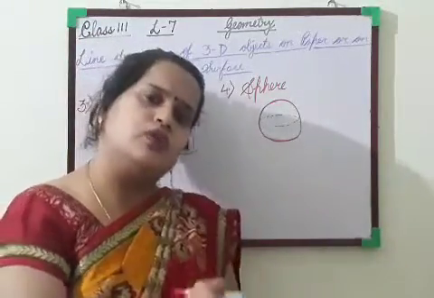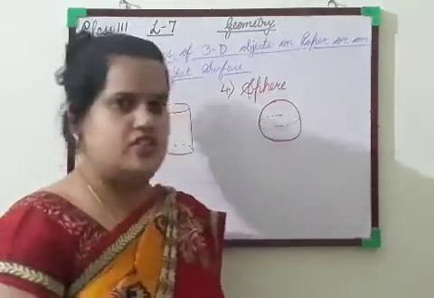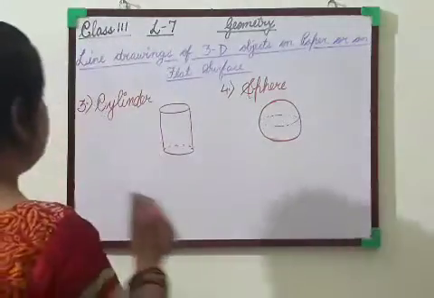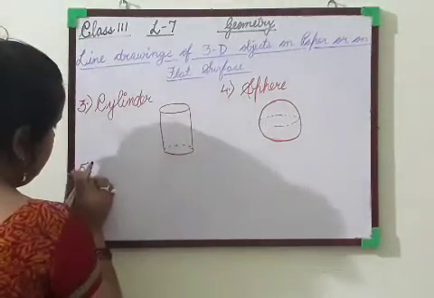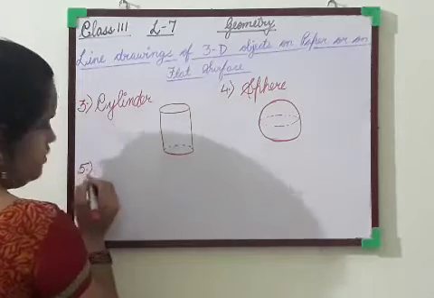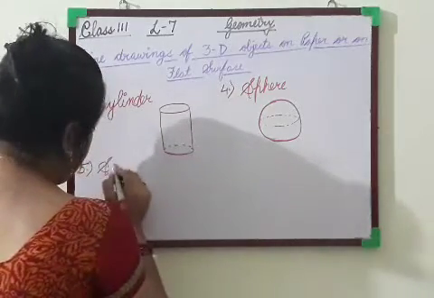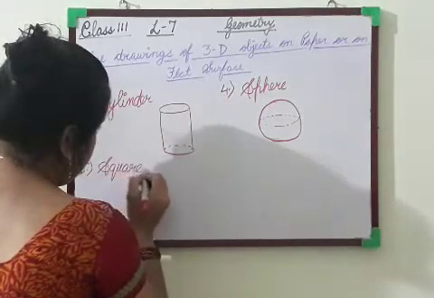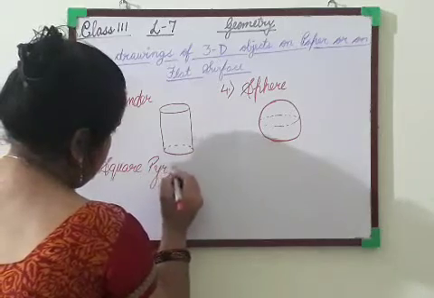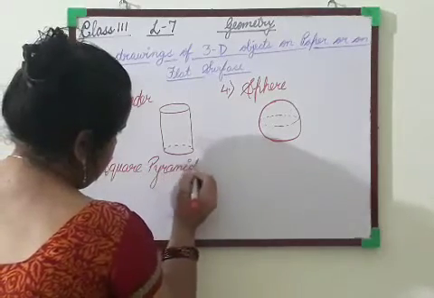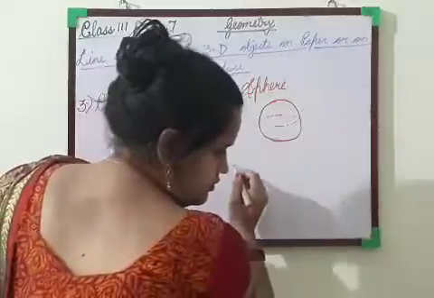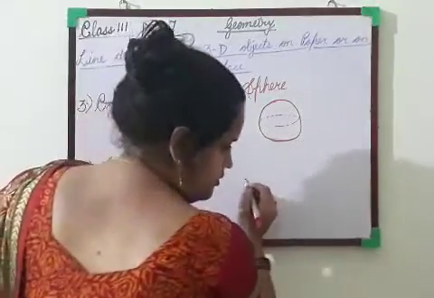It is also a version of a circle. It is a three-dimensional figure. Okay, then the fifth one is square pyramid. Now see the square pyramid.